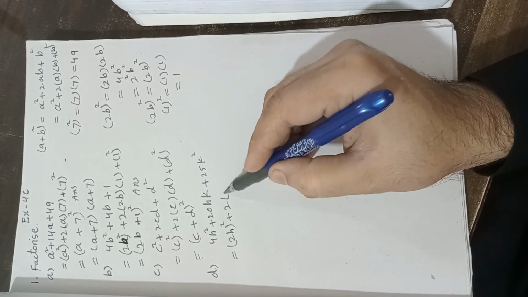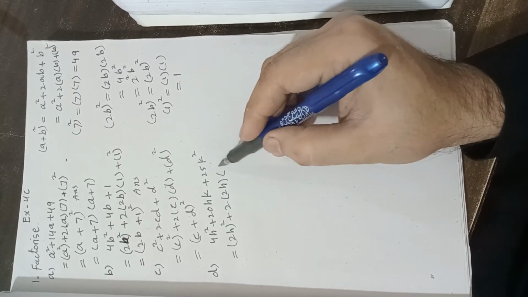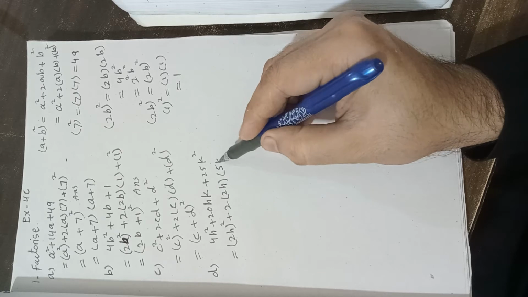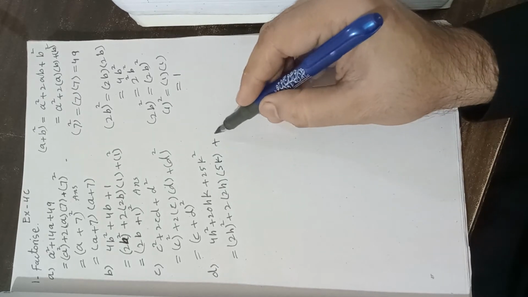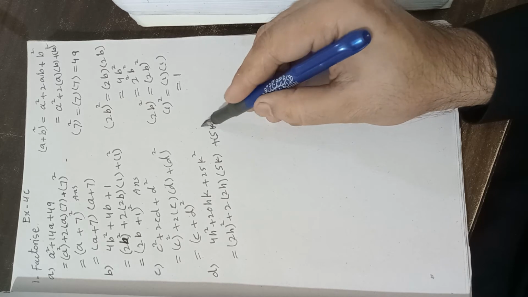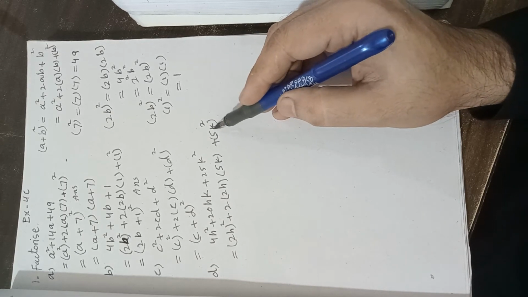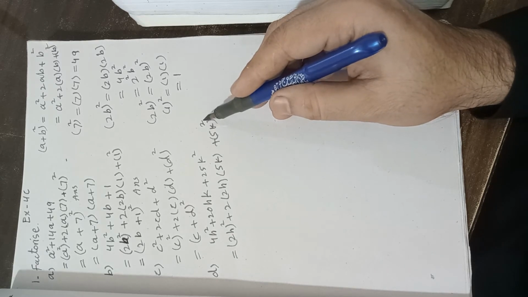In the identity, 2h is a, and from 25 it will become 5, so 5k is our b, and (5k) square.